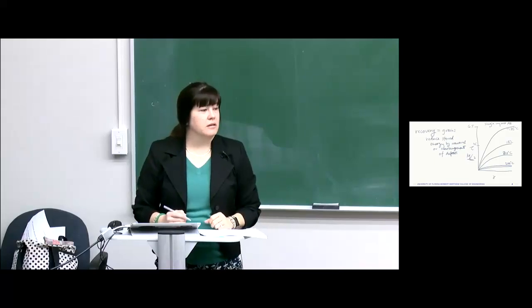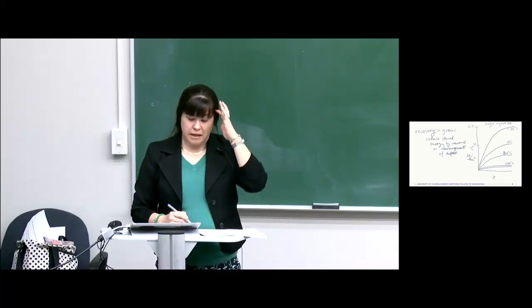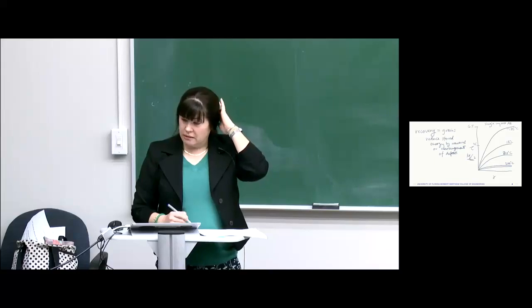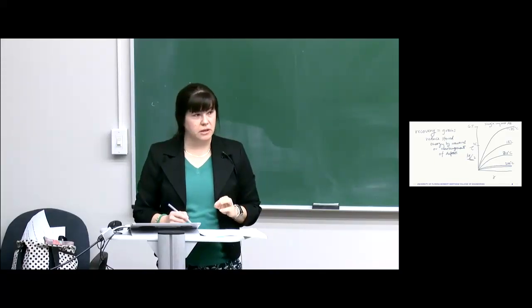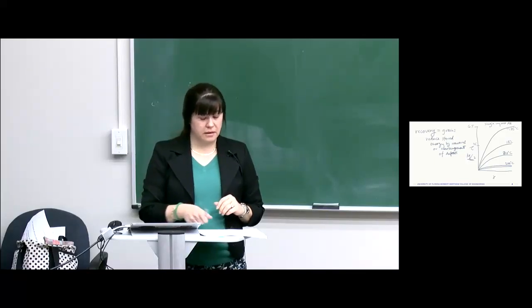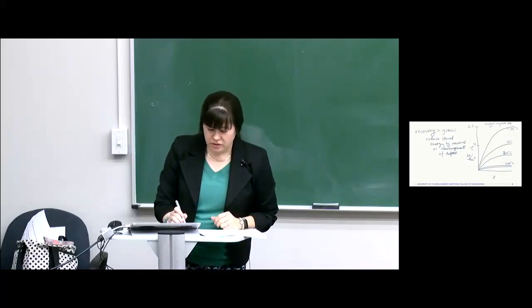Yes? At a fundamental level, what is the mechanism for strain hardening? The mechanism for strain hardening is the buildup of dislocations. So if you think about what we talked about last time, there was like a crystal structure, right?